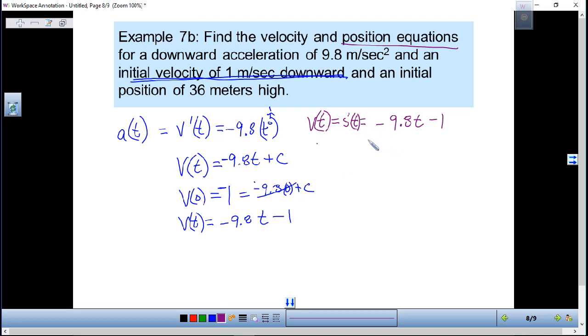So we're going to take the antiderivative again and get s of t is equal to, we take the antiderivative of this, remember we're going to increase this power, which is 1, to 2, and divide by that. So negative 9.8 divided by 2 is negative 4.9 t squared, and do the same thing here with the negative 1 we did with the 9.8. That's just going to be minus t plus c.